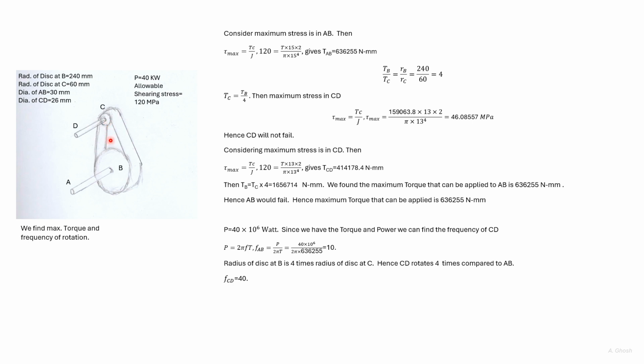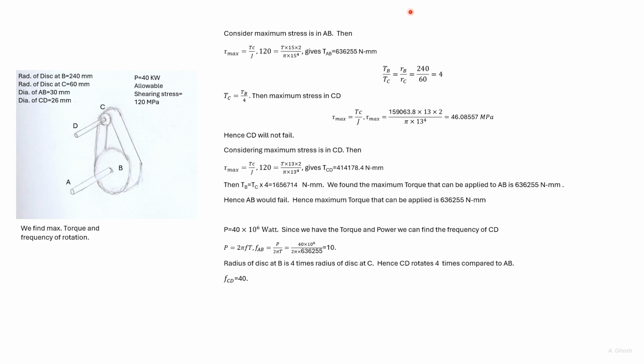So the torque in C will be 1/4 of this torque in AB. So using that torque, we can find out the stress in CD. That stress comes out to be quite low compared to the maximum allowable shear stress.